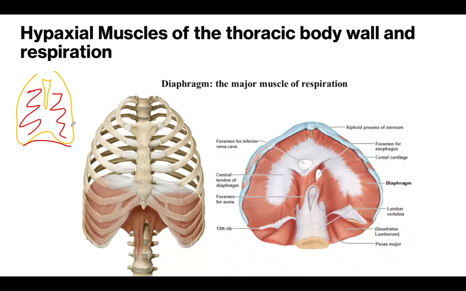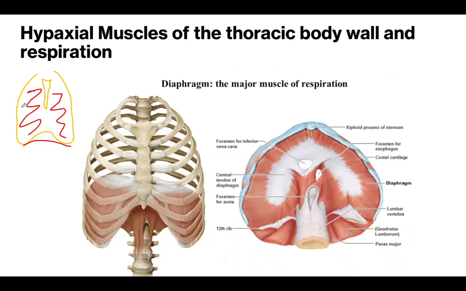So the pressure in our lungs decreases, and then air from the atmosphere is able to flow into the lungs. So because the diaphragm contracts, volume increases, pressure decreases, and we have flow of air into the lungs. That is called inhalation. All right. So that is the action of the diaphragm.